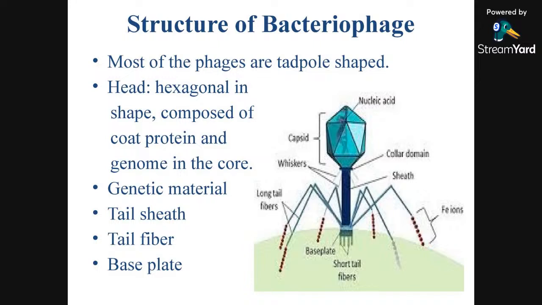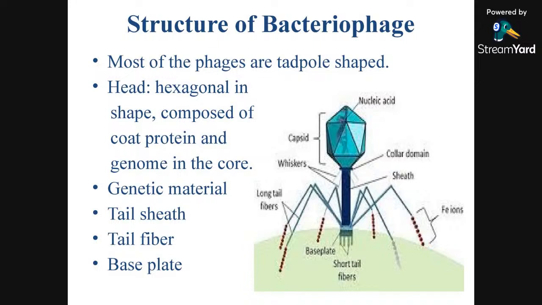The tail is a tube-like structure extending from the head. It functions as a channel for injecting genetic material into the bacterial cell. It can be short, long, flexible, or rigid. After that, the tail fiber.